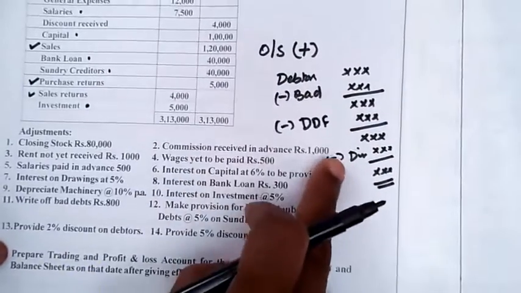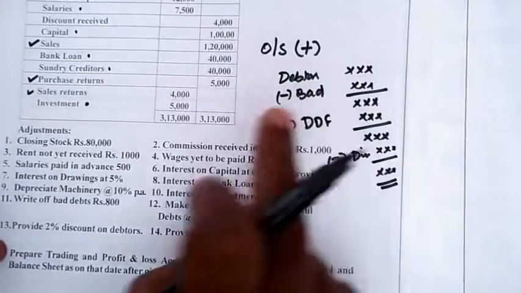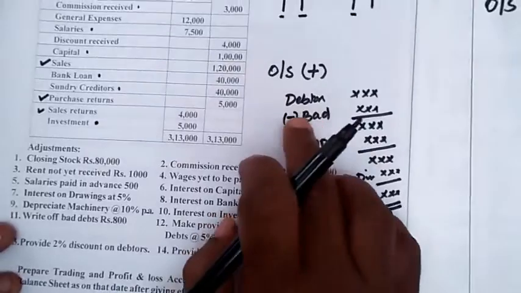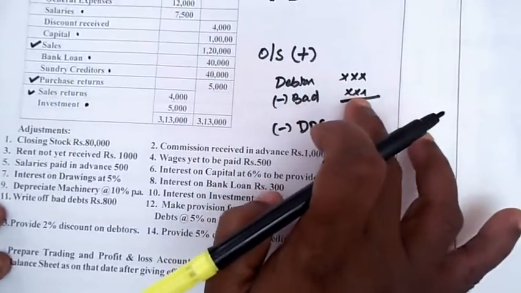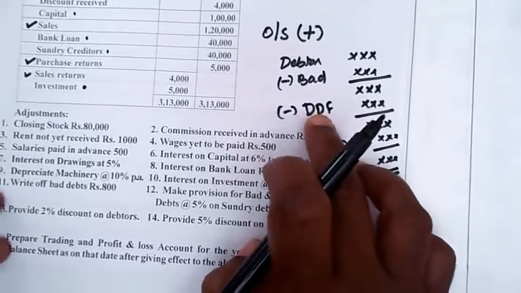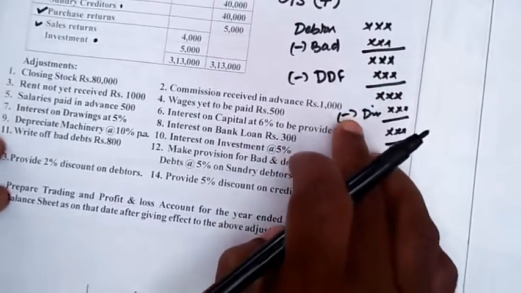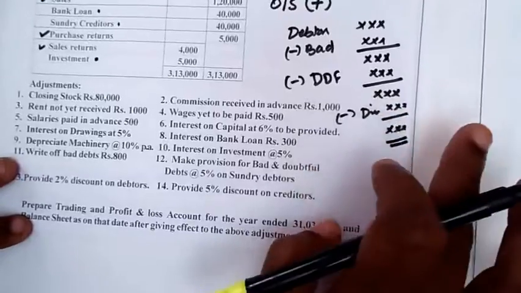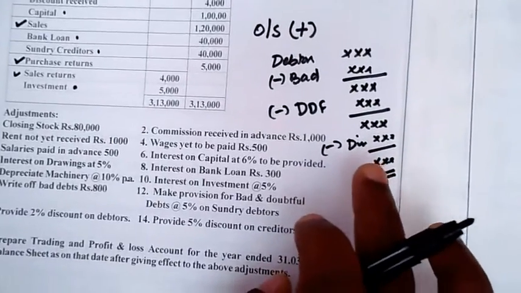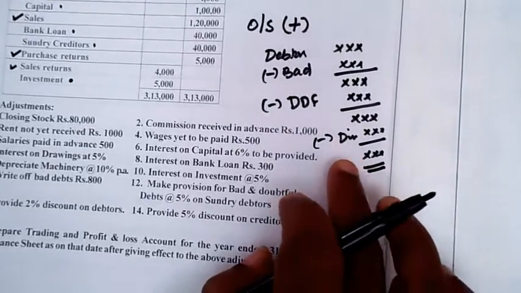This will be the procedure. First subtract bad debts, if there are any in the adjustment. Subtract that amount from debtors, then provide the provision for bad and doubtful debts, and the last one is discount on debtors. This discount is allowable only to those who are ready to pay. They are called good debtors.